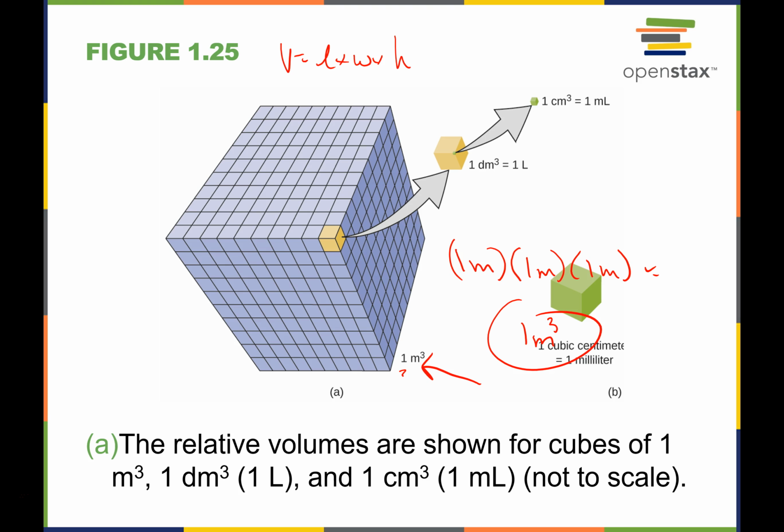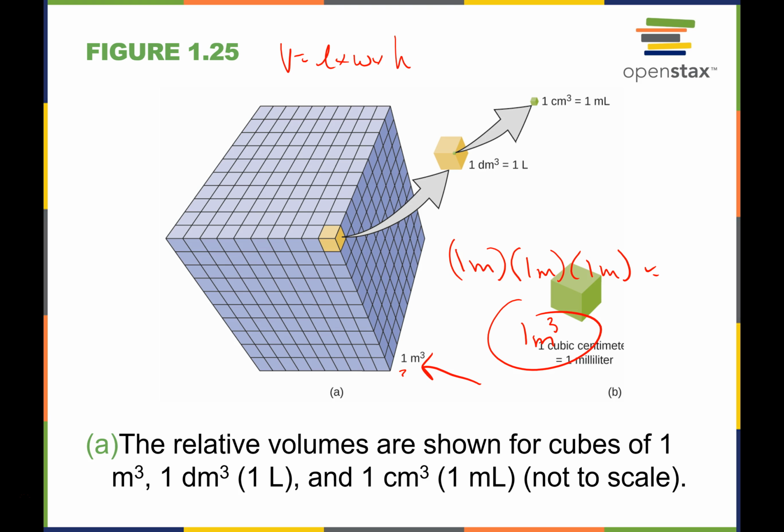We have 1 centimeter by 1 centimeter by whatever that other dimension is, 1 centimeter. So 1 centimeter times 1 centimeter times 1 centimeter is 1 centimeter cubed. That's a cubic centimeter. And as it turns out, 1 cubic centimeter is equal to 1 milliliter. What's the abbreviation for milliliter? Well, mL, perfect. It's actually case sensitive, so it's lowercase m and big L. Very good.